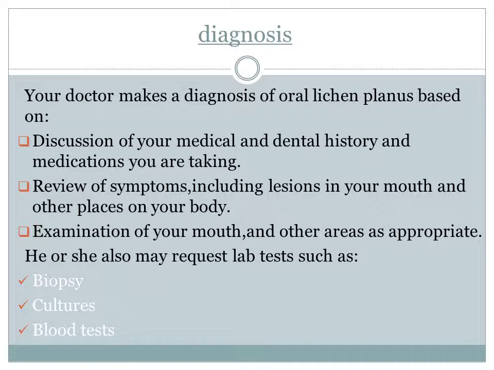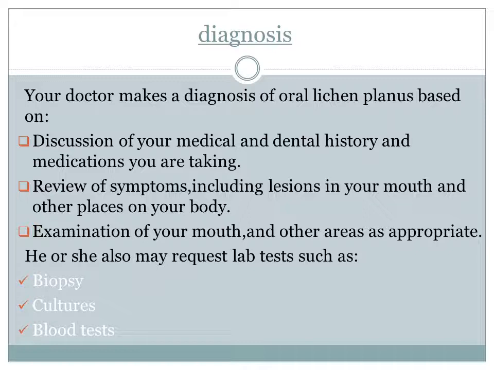Your doctor makes a diagnosis of oral lichen planus based on discussion of your medical and dental history and medications you are taking, review of symptoms including lesions in your mouth and other places on your body, and examination of your mouth and other areas as appropriate.